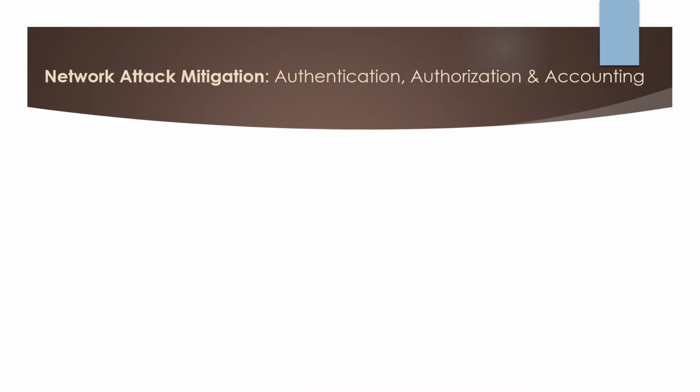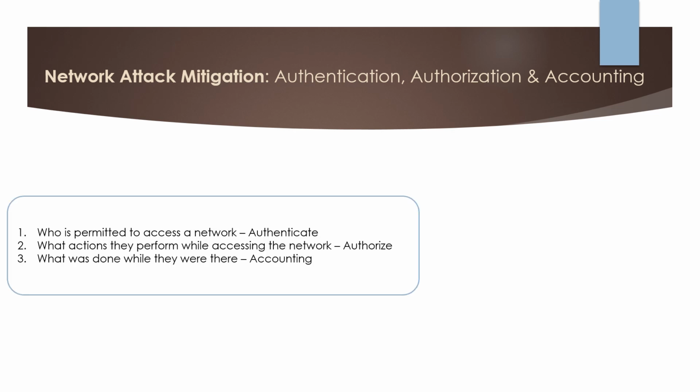All network devices should be securely configured to provide only authorized individuals with access. Authentication, Authorization, and Accounting, which stands for AAA, is a network security service that provides the primary framework to set up access control on network devices. AAA is a way to control who is permitted to access a network, which stands for authenticate, what actions they perform while accessing the network, which stands for authorize, and making a record of what was done while they were there, which stands for accounting.